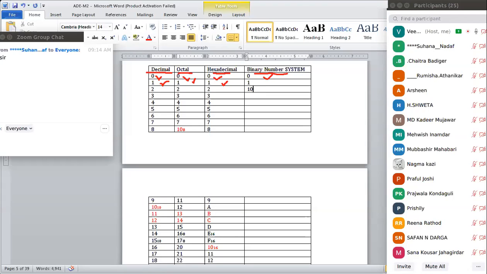Then if I go for 3, I can write 3 as 1 and 1. Suppose I want to convert this into a decimal or octal number, see how this is going to be converted.